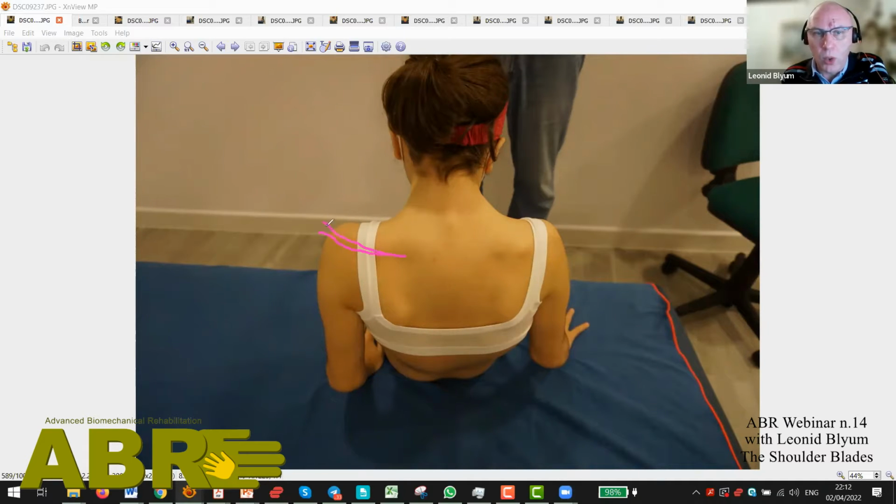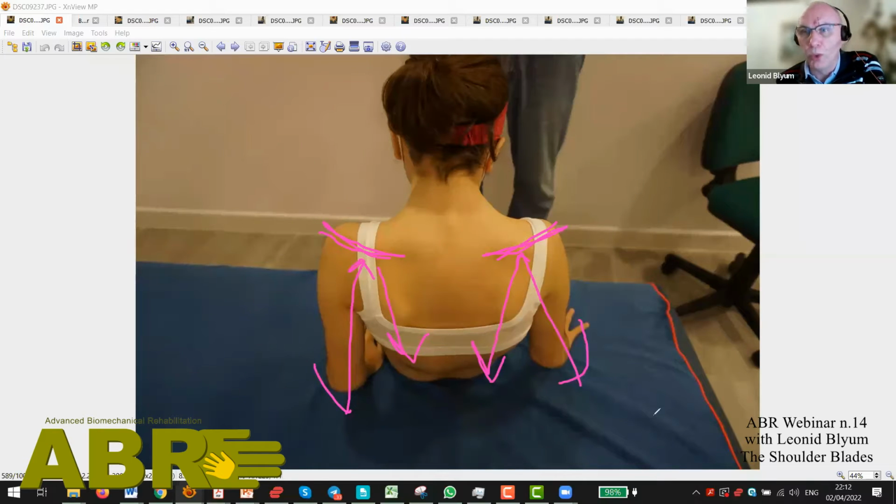See, they are not moving anywhere. So she applies the load from the bottom, that load arrives to the top, right? And the top bounces it back. So why is she able to move herself, right? Why is she able to push herself? For the simple reason that the shoulder blades do not slide up.